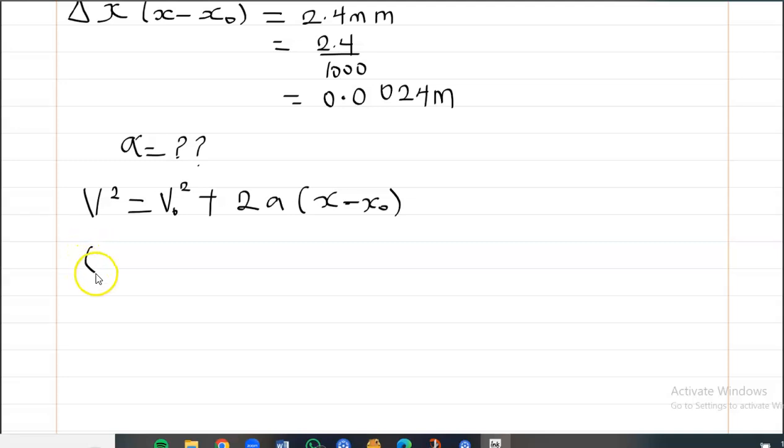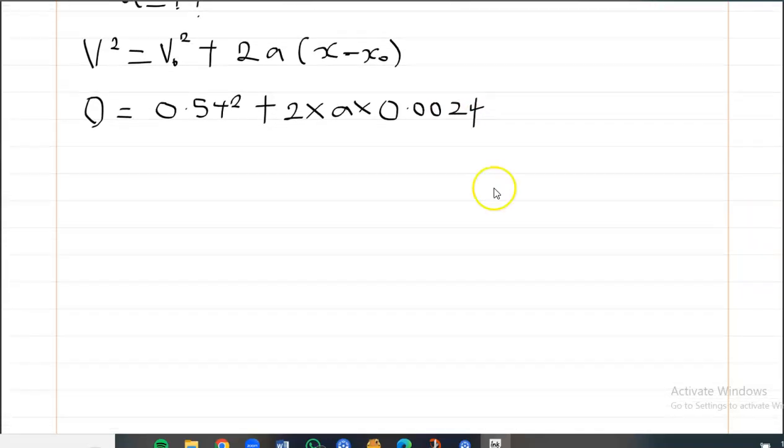Our final velocity is 0. 0 squared is still 0, so 0. Our initial velocity is 0.54 meter per second. So 0.54 squared plus 2 times a times 0.0024. Okay, now let's do some quick algebra.